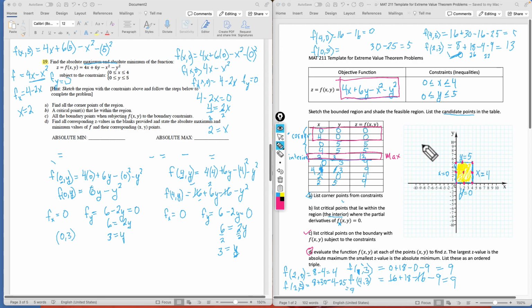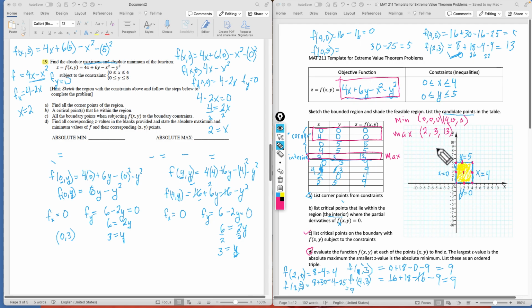And so we would list our minimums as 0, 0, 0 and 4, 0, 0, and our maximum should be just this one, 2, 3, 13.